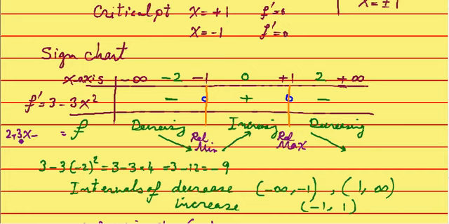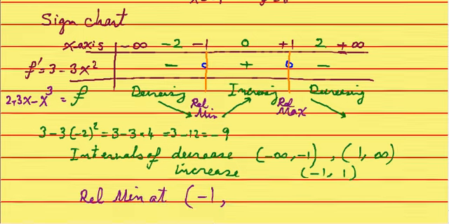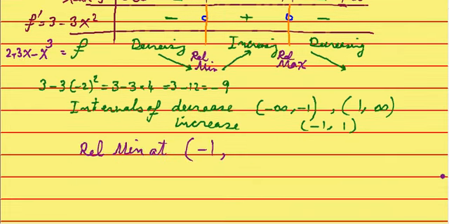So if x is minus 1, to find the y, we have to go here. 2 plus 3 times minus 1 minus minus 1 cubed. That's going to be 2 minus 3 plus 1. Apparently we got 0.